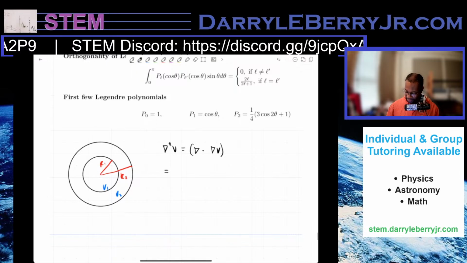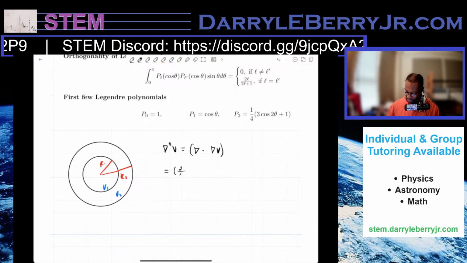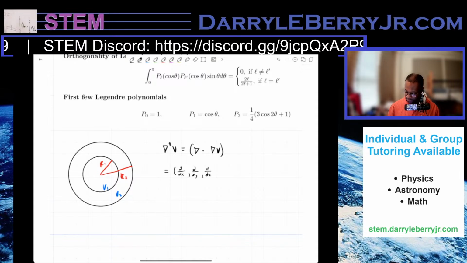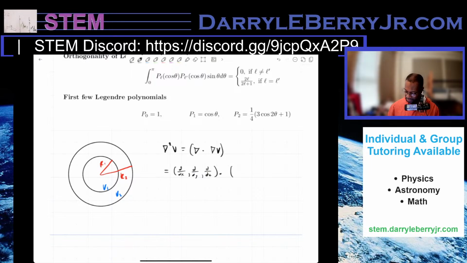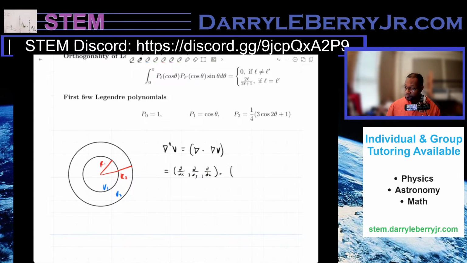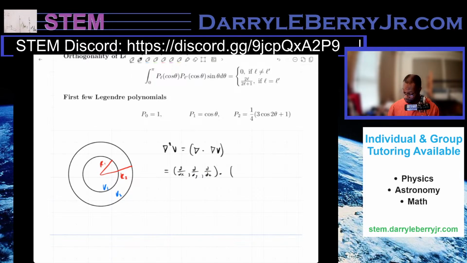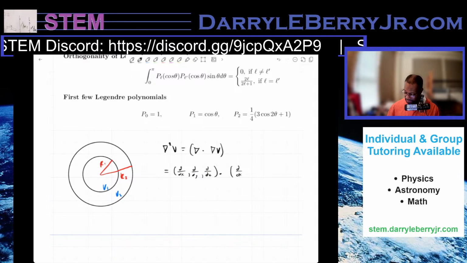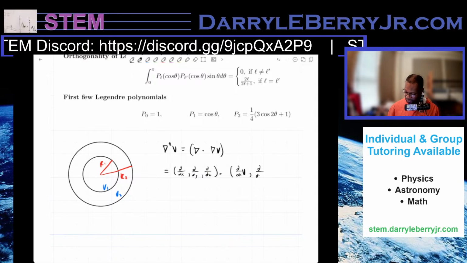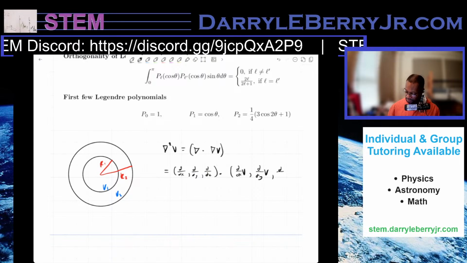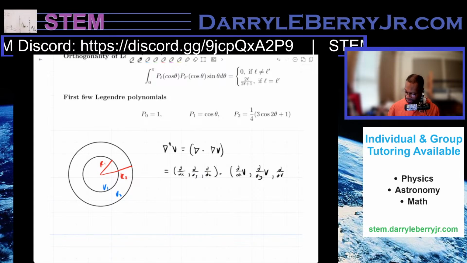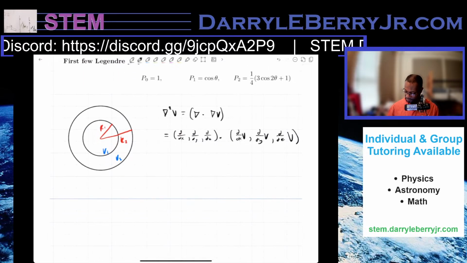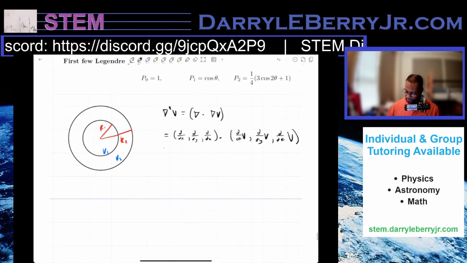So that ends up being partial x, partial y, partial z dot product partial x with a full V, partial y, because this potential is being distributed about the whole del symbol.